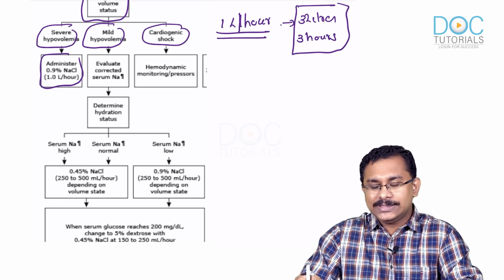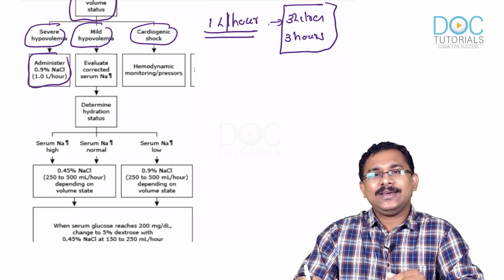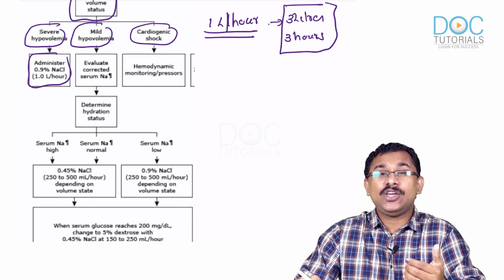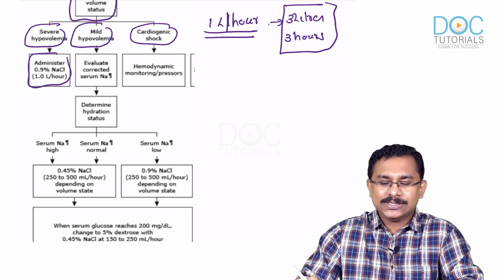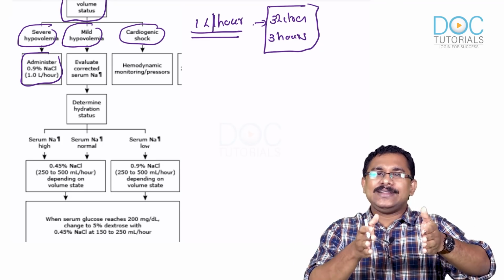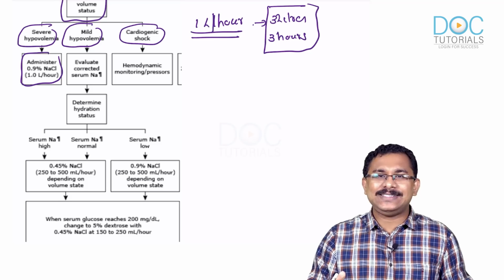And then it is very important that while you give your fluids, you check your electrolytes as well. Why do I say this? Because when you supplement fluids, there can be a change in the electrolyte levels as well.